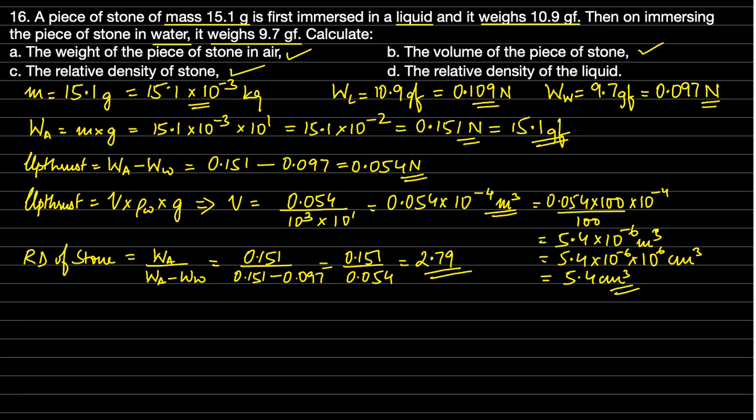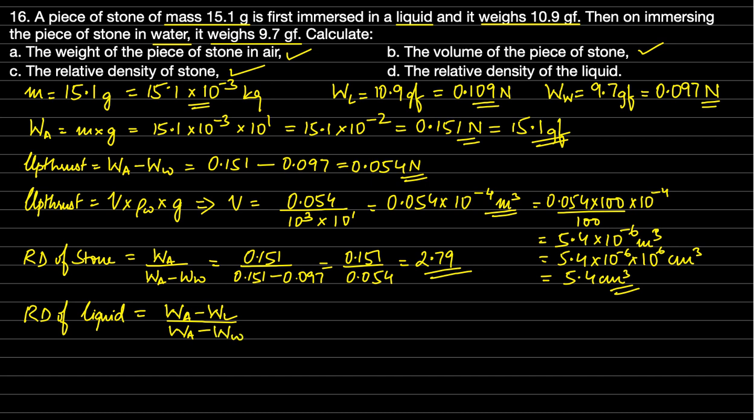Now we need to find the relative density of liquid. So for finding relative density of liquid, I would write Rd of liquid. So that would be equal to weight in air minus weight in liquid divided by weight in air minus weight in water.